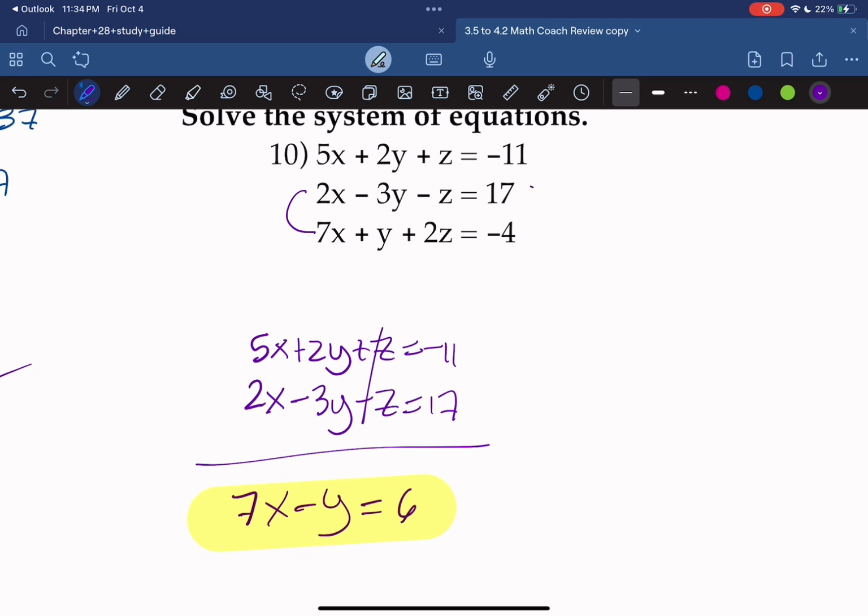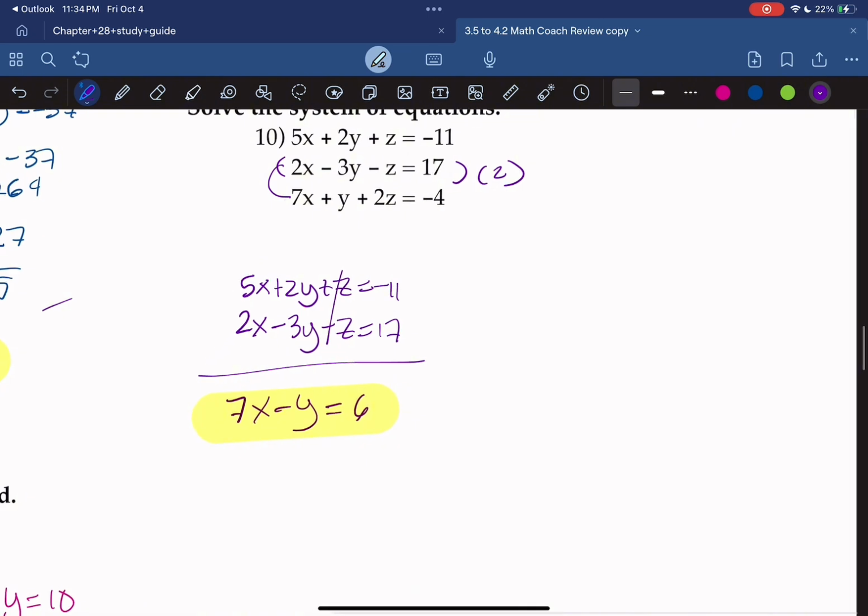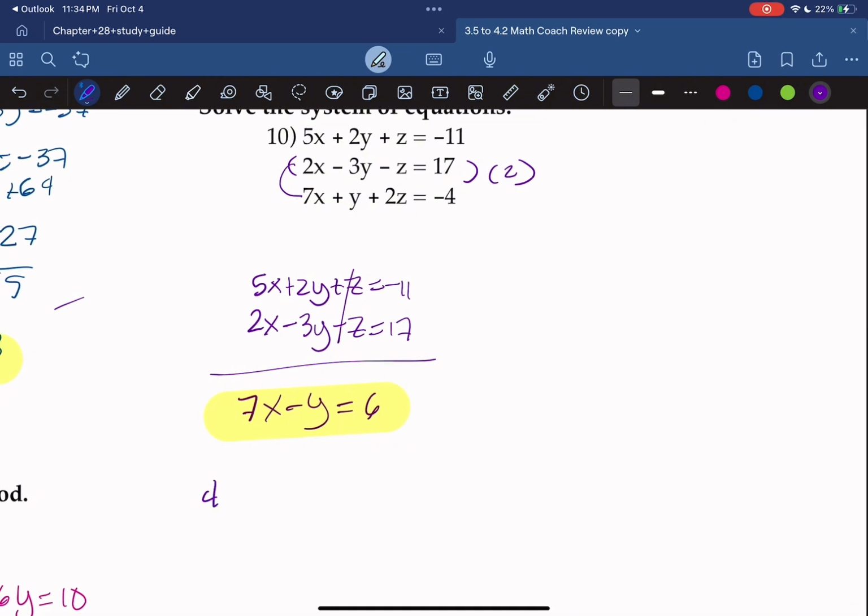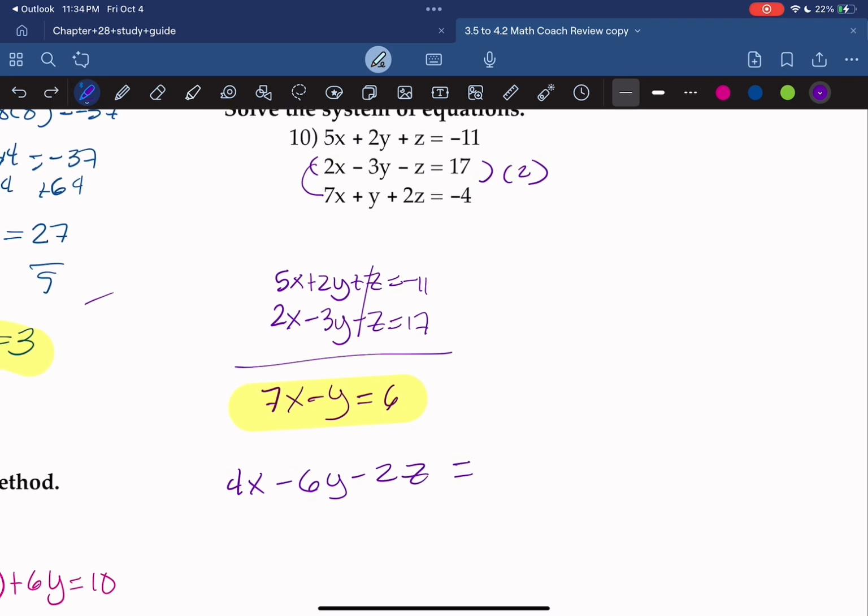Let's multiply this by 2 because the z is already negative, so that's going to give us 4x minus 6y minus 2z equals, not negative, it's going to give me 34. And then we just bring this one down. 7x plus y plus 2z equals negative 4.